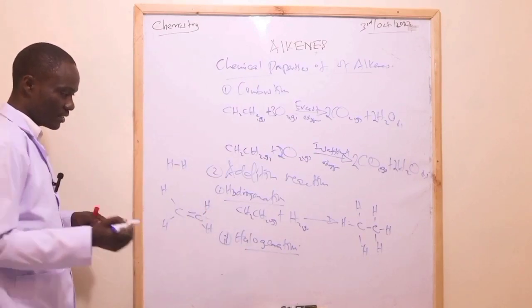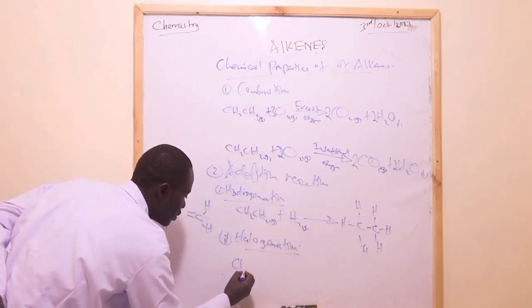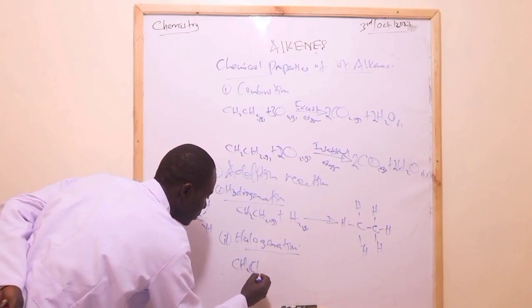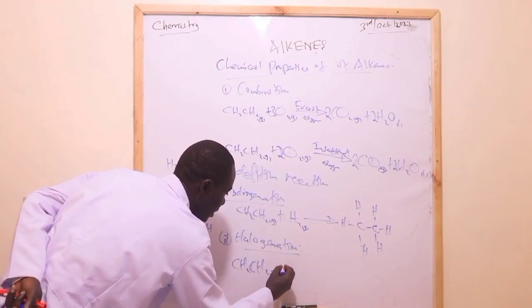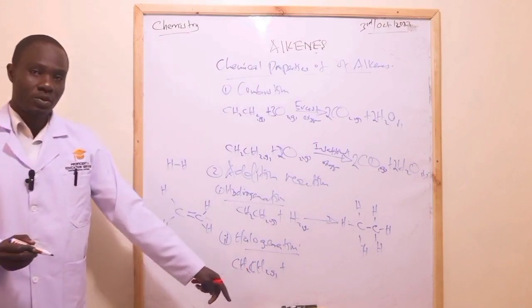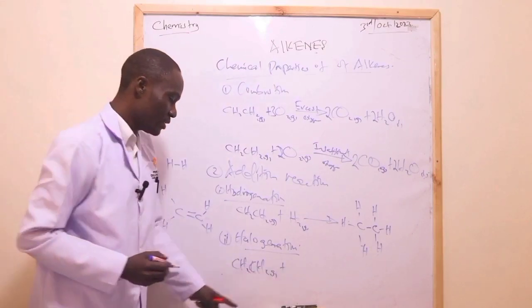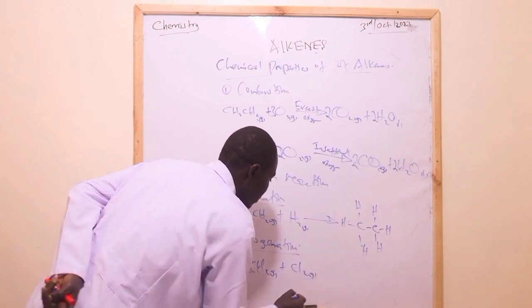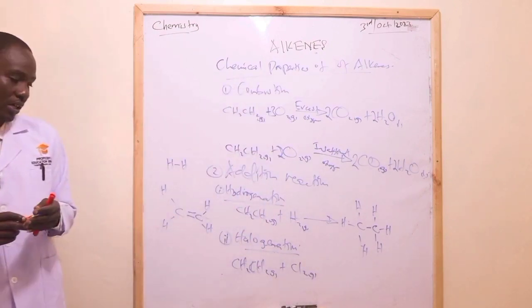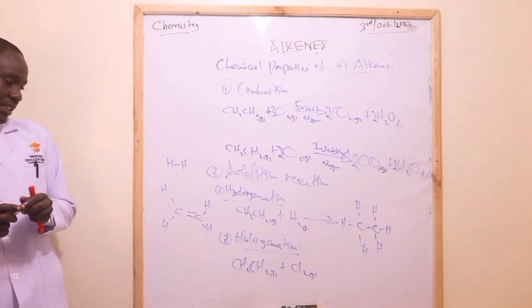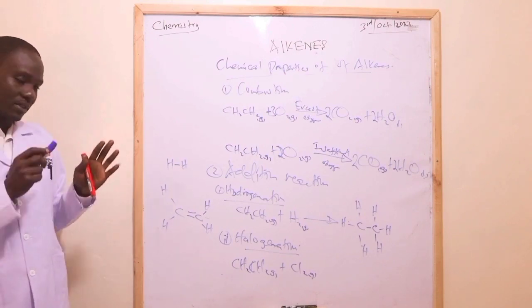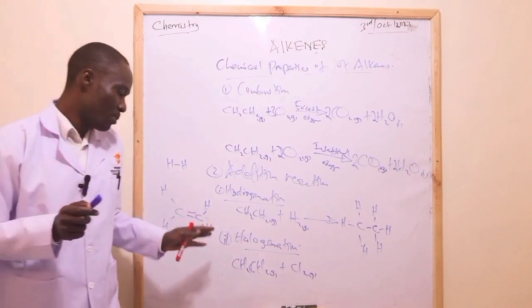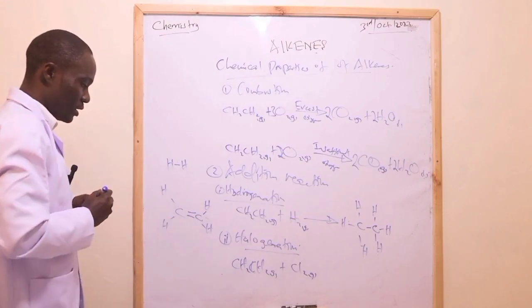So for instance, we have ethene, C2H4, reacting with, let's say, chlorine. And chlorine also, all members of group 7 are diatomic, forming diatomic substances because they are made up of 2 atoms in each molecule.